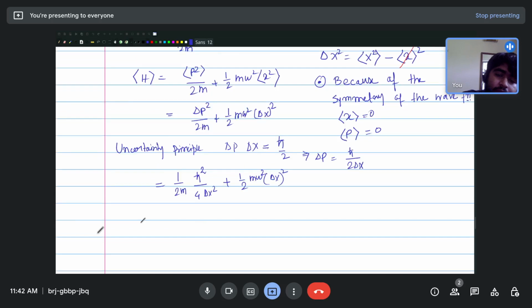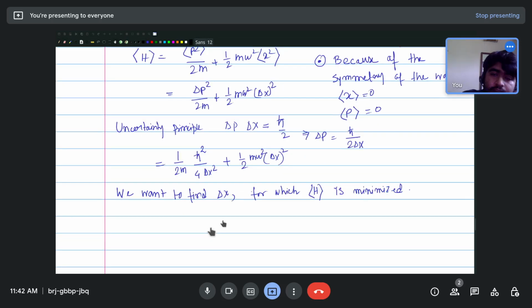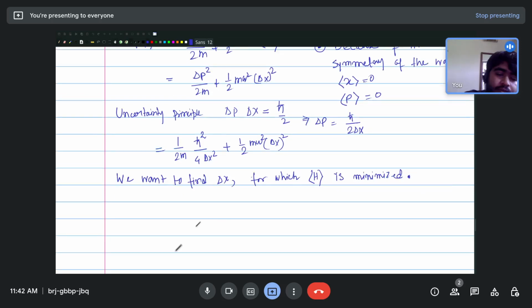Now we want to find delta x for which H expectation is minimized. So this is the minimization problem, how do we solve this problem?